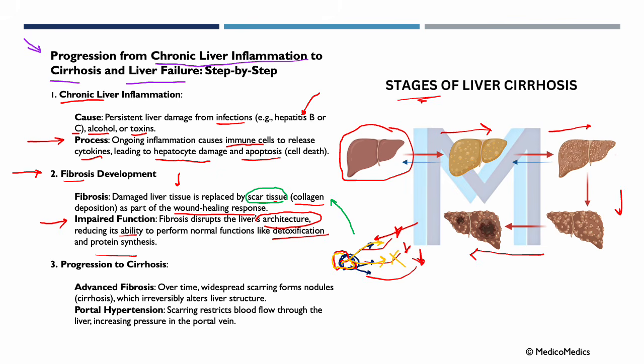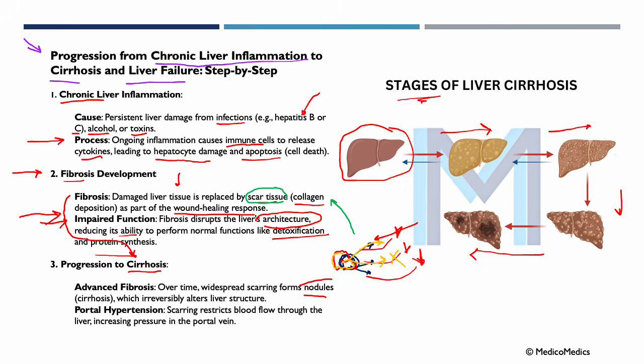So now, what will happen over time? We've talked about impaired function. If this progresses, we will then go to cirrhosis. So we leave fibrosis and go on to cirrhosis. Now, advanced fibrosis, over time, what is that? Over time, widespread scarring forms nodules, meaning cirrhosis.